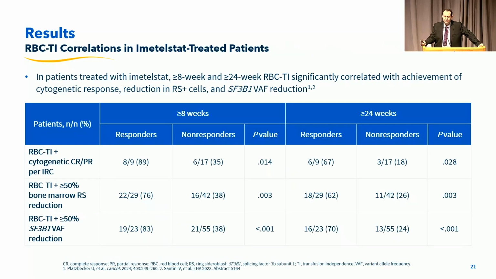Another correlation seen for patients with an 8-week and a 24-week TI is the correlation of those responses with cytogenetic responses, with reversal or reduction in the ring sideroblasts in the bone marrow, as well as a 50% or more reduction in the SF3B1 variant allelic fraction.